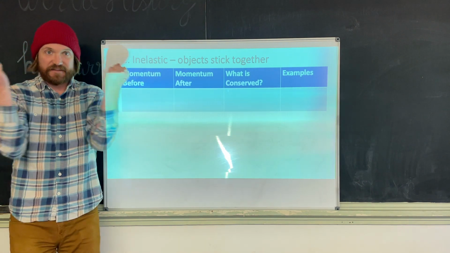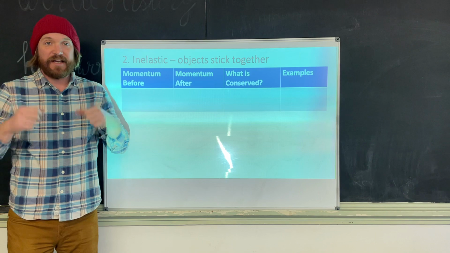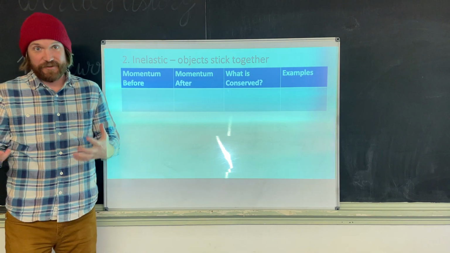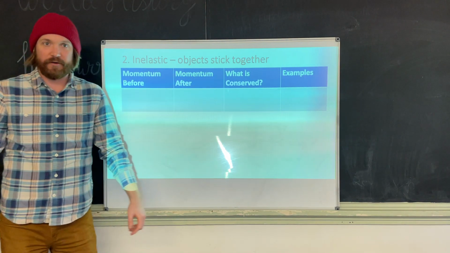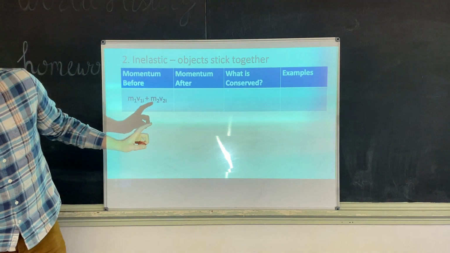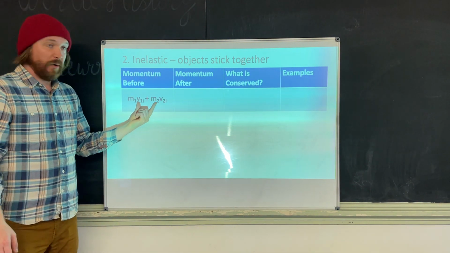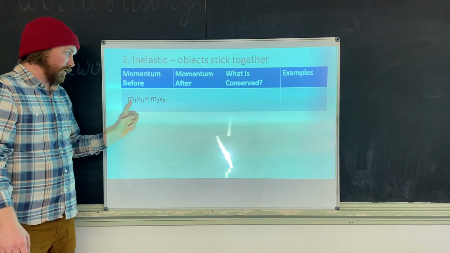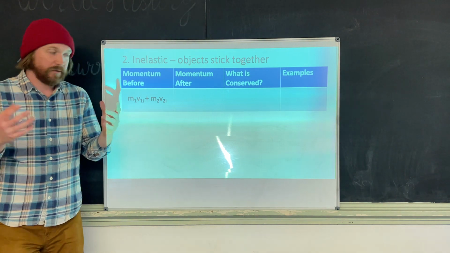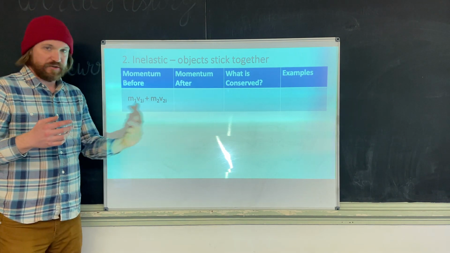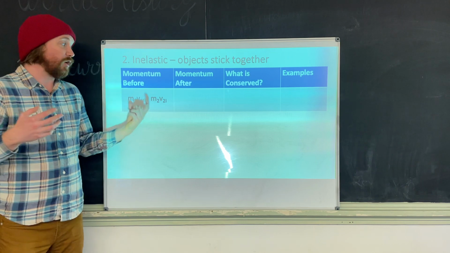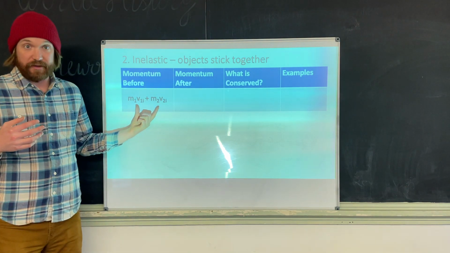Instead of bouncing off of each other, in an inelastic collision, the objects stick together. Before they hit each other, their momentums are separate. Each object has its own mass and its own initial velocity, and to find the total momentum before, you just add them together.